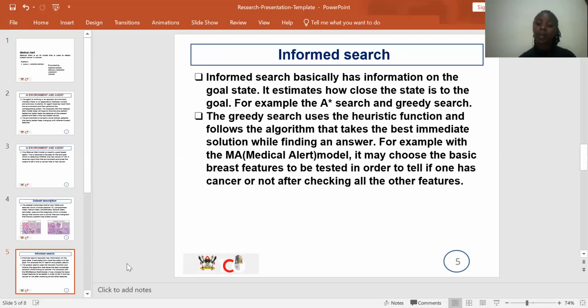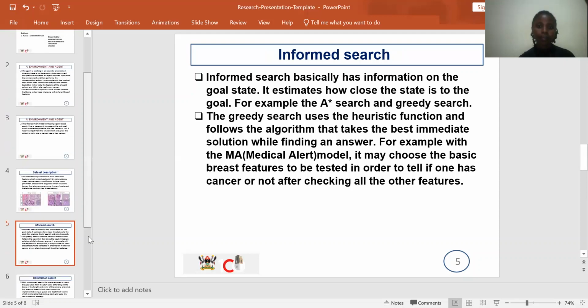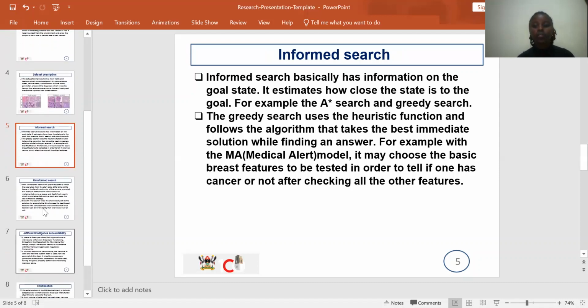For example, with this medical alert model, it will check through all the features, test them, and then it will choose the best features that when checked, can easily tell if one has cancer or not. When these two are checked and they have been found with a problem, then it will easily tell that this person has cancer. And in case those do not have a problem, then it means a person is free from cancer. That is with greedy search.